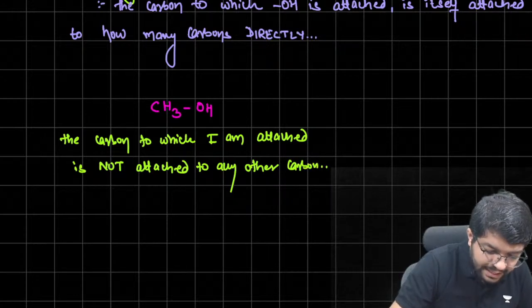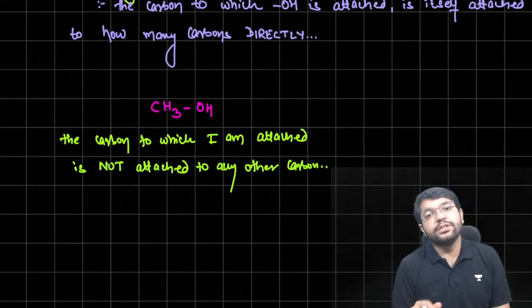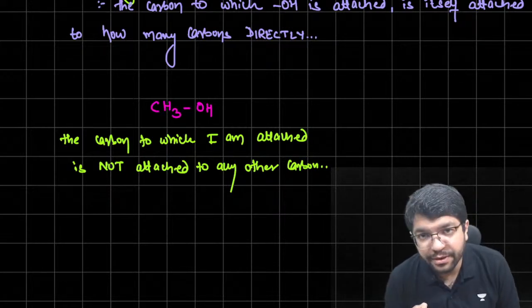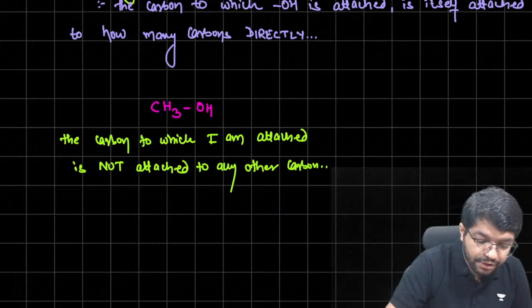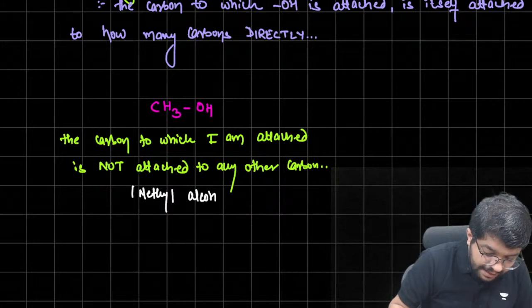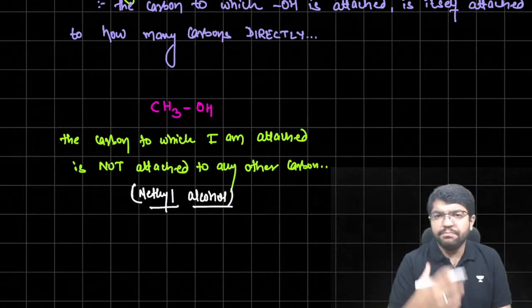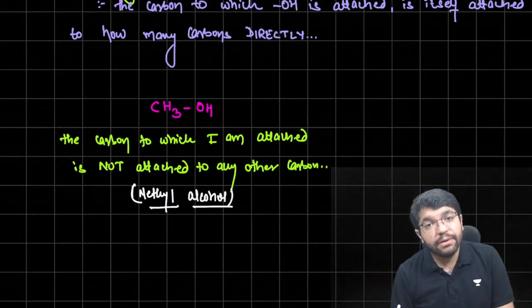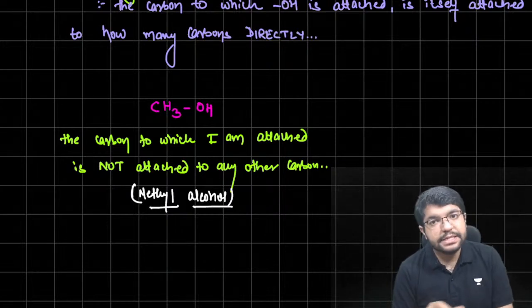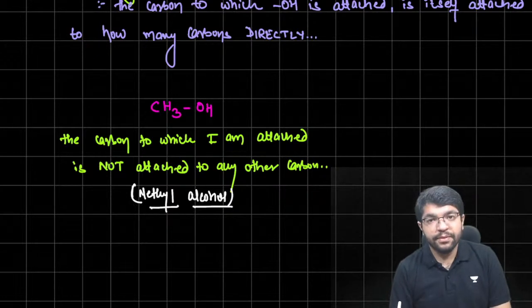So this is the case where I call it a methyl alcohol. Methyl means I am the only one present. Methyl alcohol, to be honest, methanol. We will talk about nomenclature also a little in this chapter. Methanol: alcohol with a single carbon.